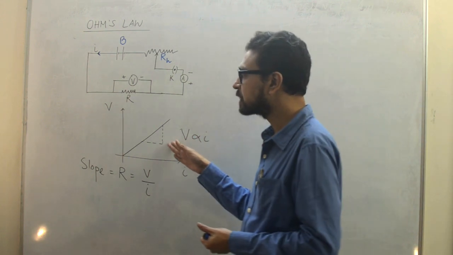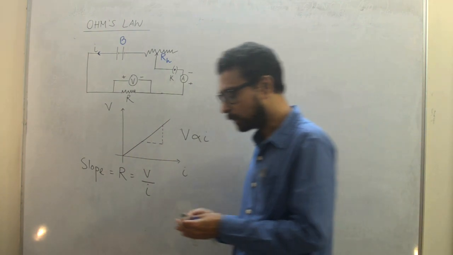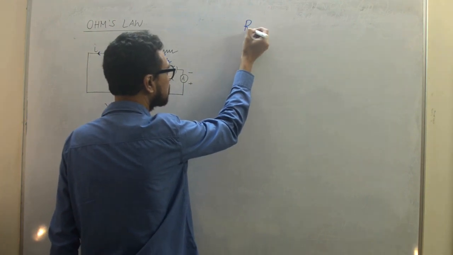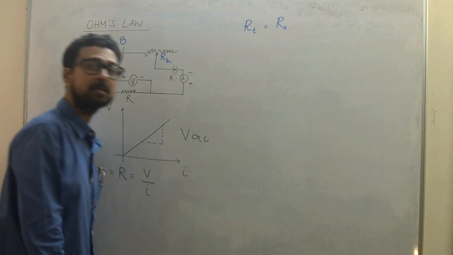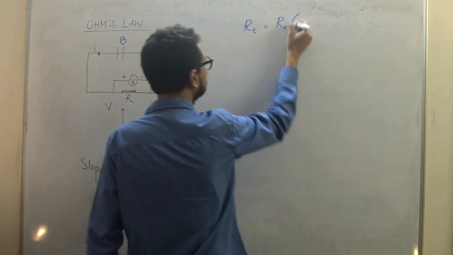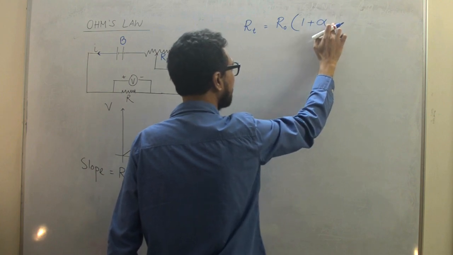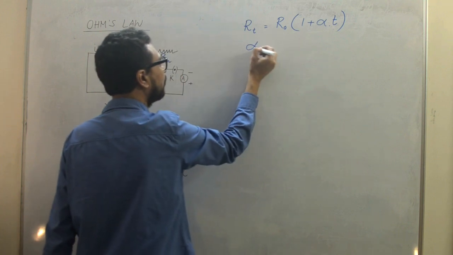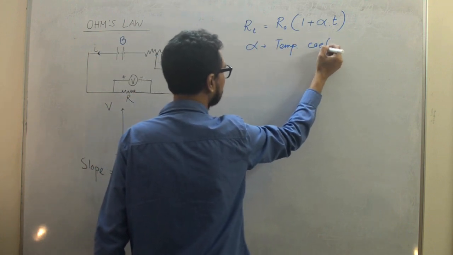So the temperature will change, and when the temperature is changing, we should know that the resistance depends on it. The resistance at a particular temperature is equal to the resistance at 0 degree C into 1 plus alpha into the change in temperature T, where alpha is called the temperature coefficient of resistance.